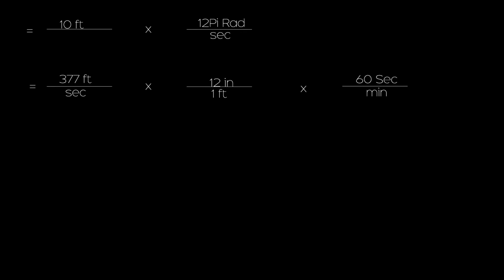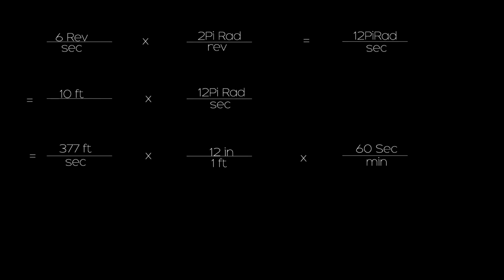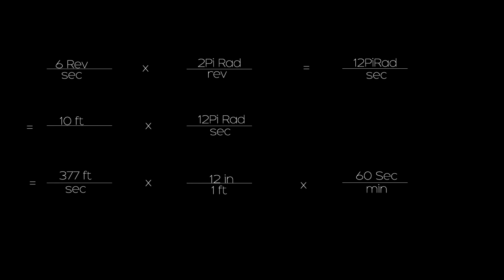So, we have 10 feet over 1 times 12 pi radians over seconds. Why do we have this 12? Well, because we have 6 revolutions. Remember, 1 revolution is 2 pi. So therefore, since we have 6 revolutions, we have 12 pi radians. So once we have this, we're gonna cross multiply, and we have to put a proportion of 60 seconds over 1 minute.